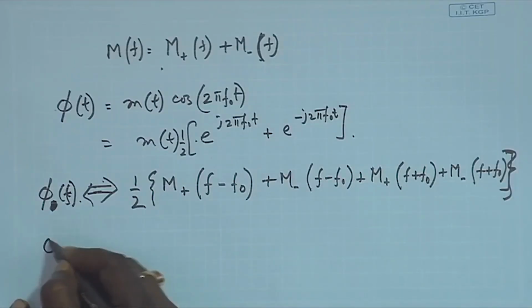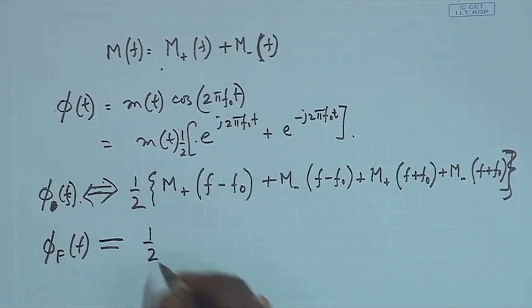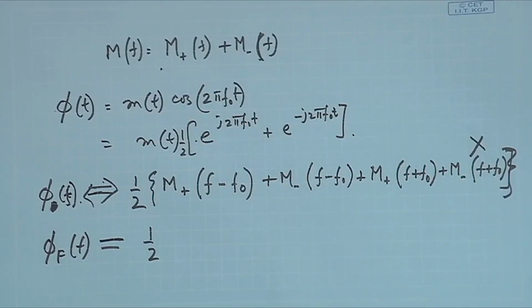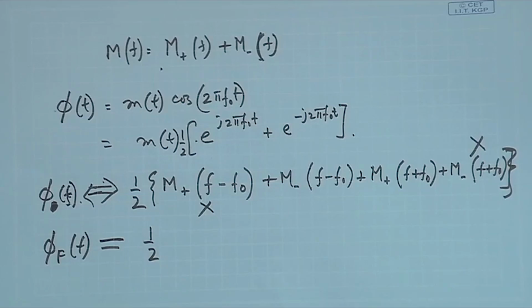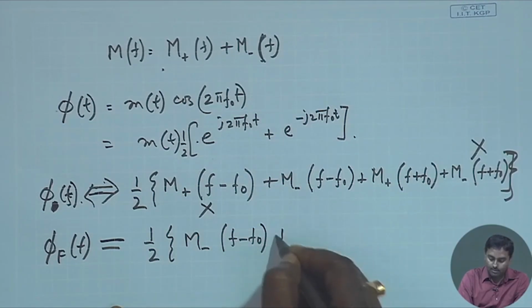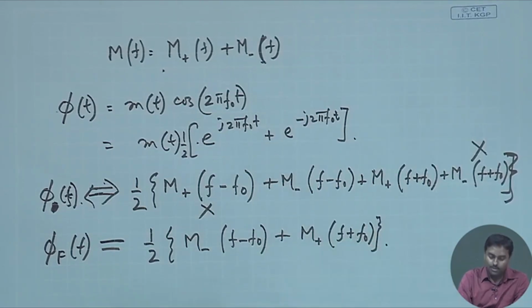So, what I will be left with, if I represent that as phi f f, that should be half into, so two terms which are m minus f plus f0, that gets cancelled, and this other term gets cancelled. Okay. So, we are left with m minus f minus f0 plus m plus f plus f0, right. So, you have understood this part.